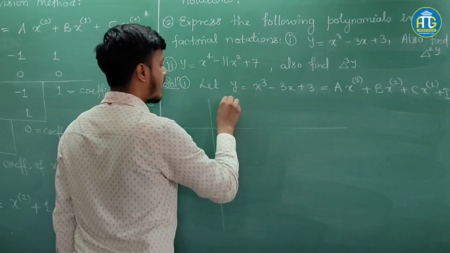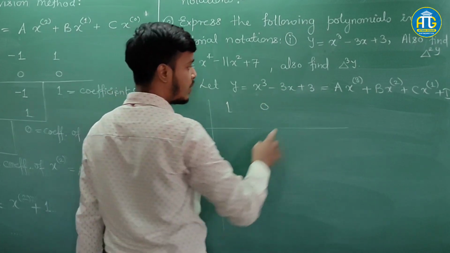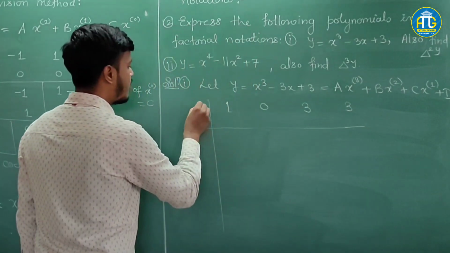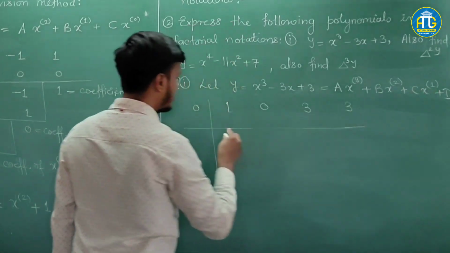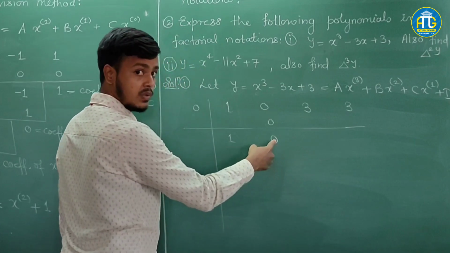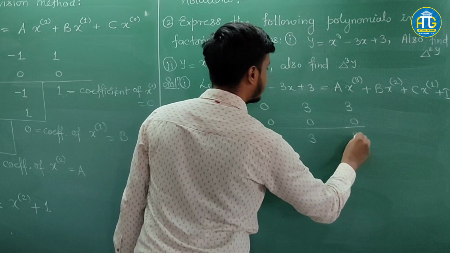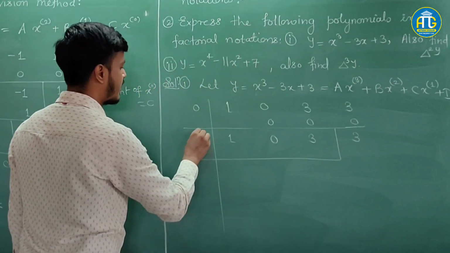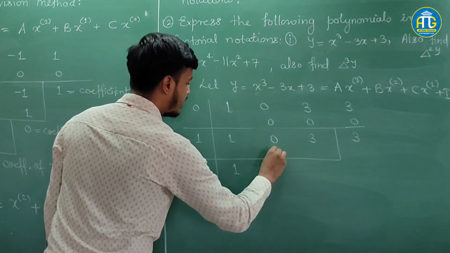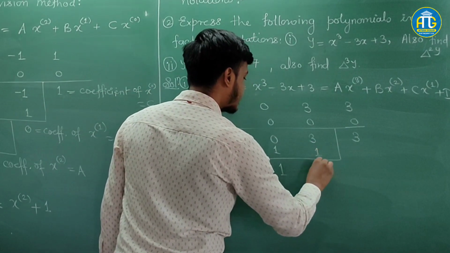Coefficient of x cube is 1, coefficient of x square is not there, means its coefficient is 0, coefficient of x is minus 3 and the constant term is 3. Now take 0, the last one. So 1 as it is, 1 into 0 is 0, 0 plus 0, 0, 0 into 0 is 0, 3 into 0, 0, 3. Leave the last term. Now divide by 1. So 1 as it is, 1 into 1, 1, 0 plus 1 is 1, 1 into 1, 1, so 1 plus 3 is 4.